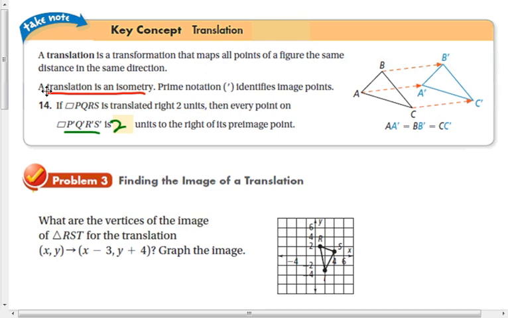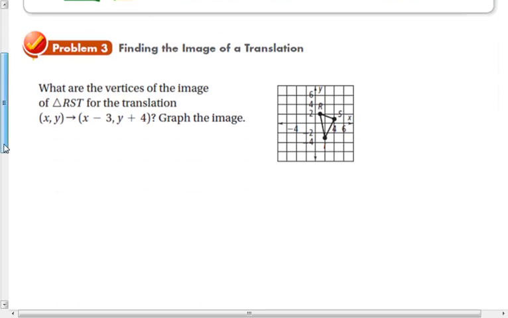And we can use translation rules with coordinates to represent these translations. So what this is saying is that every point x, y on the graph is translated using these expressions.